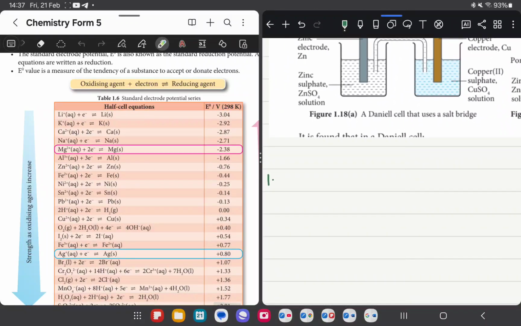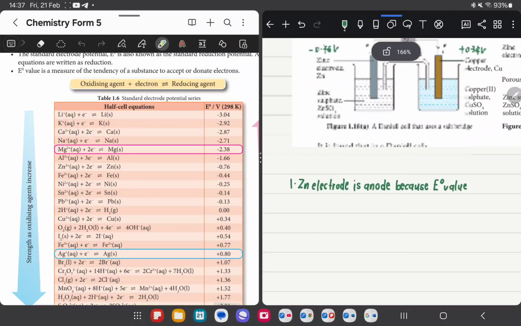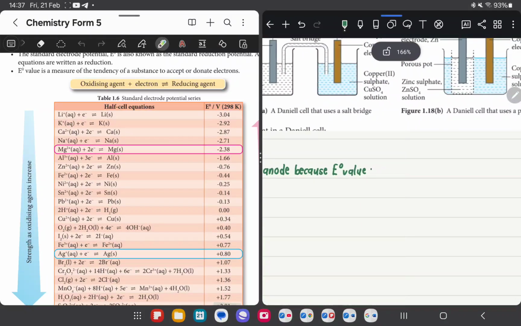Very simple. So you can say zinc electrode is anode because E naught value is more negative.